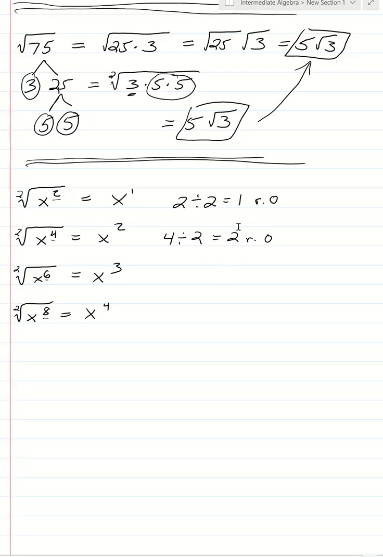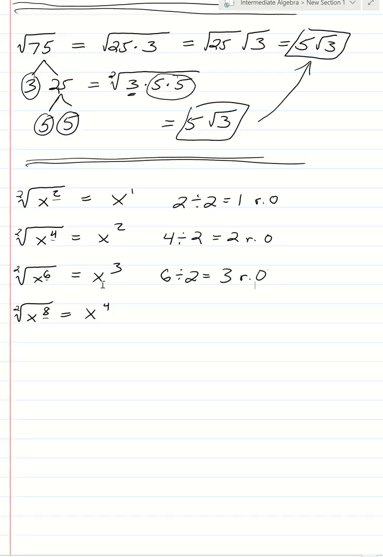Okay, this number that you see here is representing the exponent of the variable. So, once again, if we take 6, that's the exponent, and we want to divide it by the root index. Well, 6 divided by 2 goes 3 times evenly with no remainder.